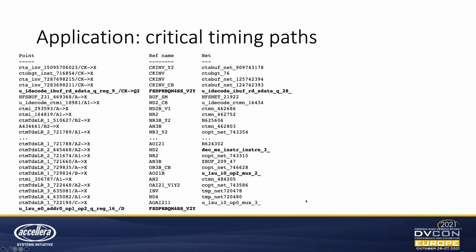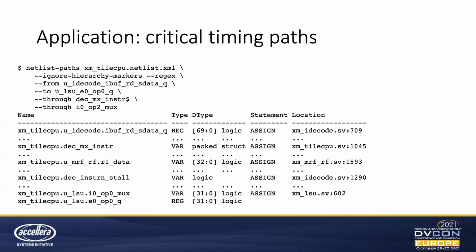When you're looking at this timing path and you want to attempt to fix it, you need to work out where it occurs in the RTL. Using the command line version of this tool, you can pass it the XML netlist which you've compiled, specify the start and the end point, and direct it to go through those two intermediate net names.